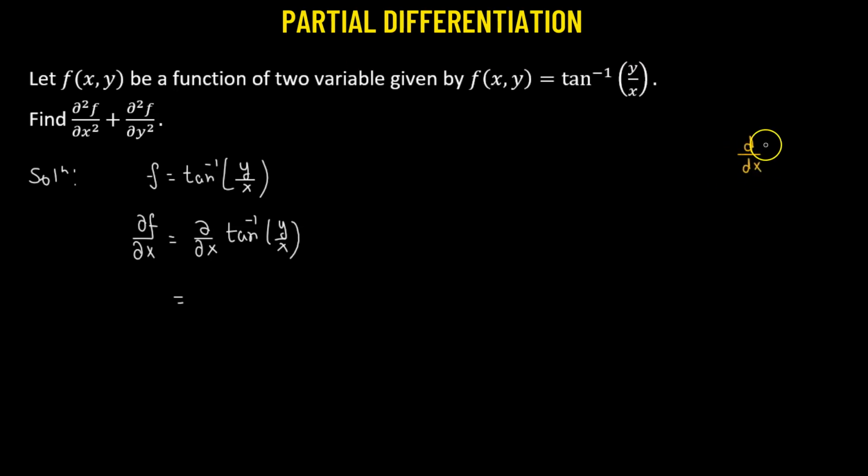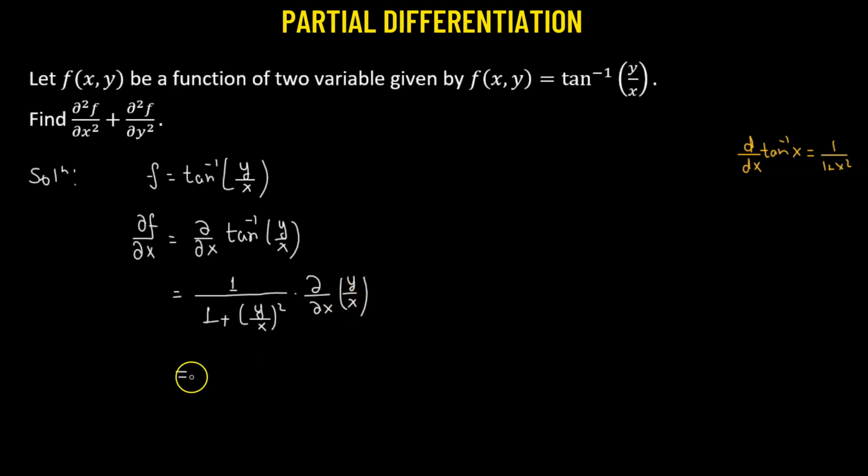We have d/dx of tangent inverse of x, which equals 1 over 1 plus x squared. The same rule gets applied here, so this will be equal to 1 divided by 1 plus (y over x) whole squared, multiplied by the partial with respect to x of y over x.